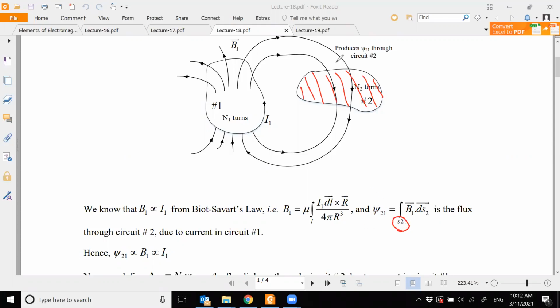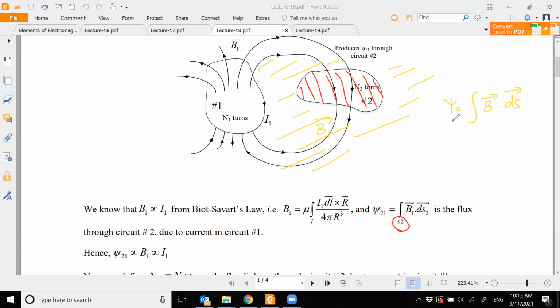Again, there is a current I1, which is creating a magnetic field, the yellow magnetic field everywhere. This is B1. And I'm now finding the flux through this loop number 2, which has N2 turns. And how do you find the flux? I know flux is the integral of B dot dS.